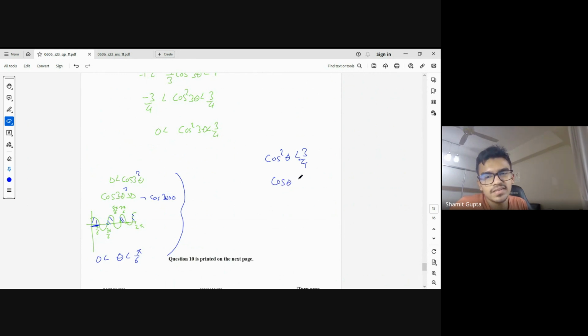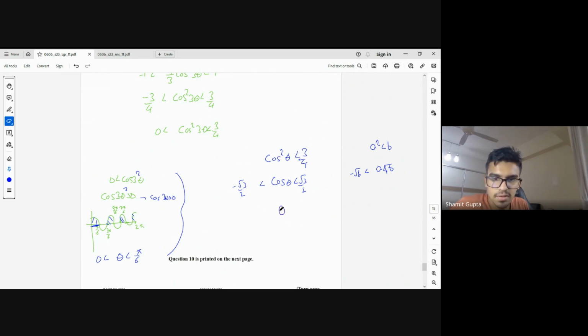There's a thing, if it's like this, it'll be less than root 3 over 2 and greater than negative root 3 over 2. This is an identity. If a square is less than b, a is between the square root of b and negative square root of b. Similar to the modulus thing.